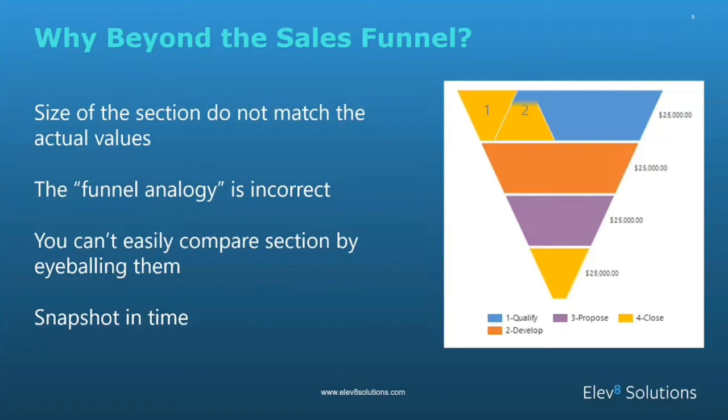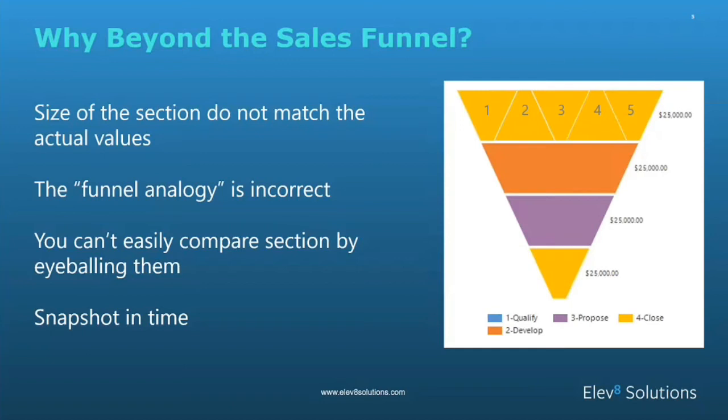So if we look at how that chart is structured, if we take that little fourth close stage and take that little area of the chart and just impose it onto the qualify stage, we're going to see that that surface area fits 5 times within the qualify stage, even though they represent the exact same amount of value. So it can give you some misleading information if you're just looking at this chart without looking at the values of the individual figures too.